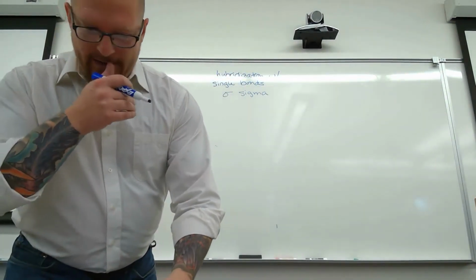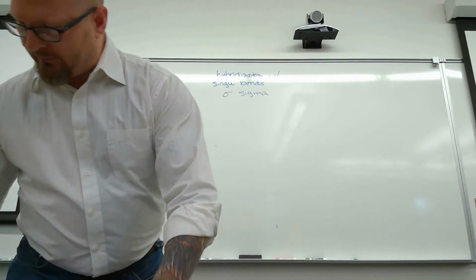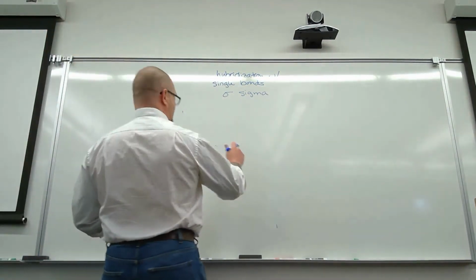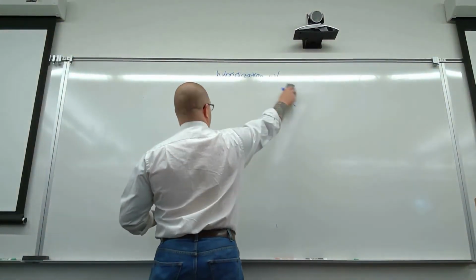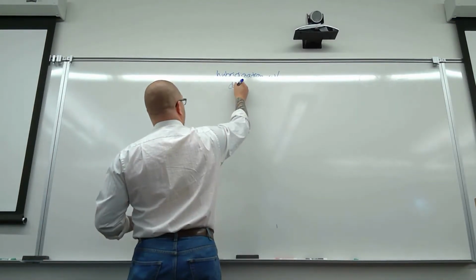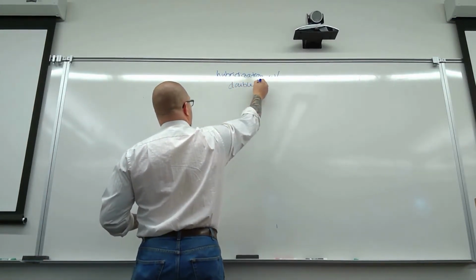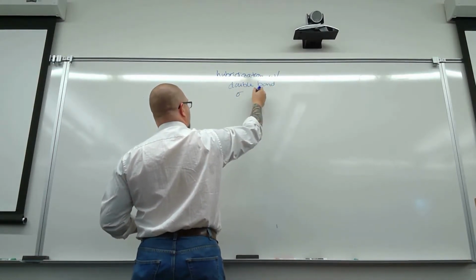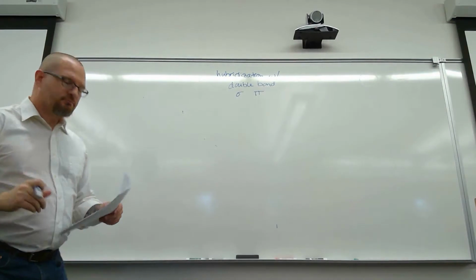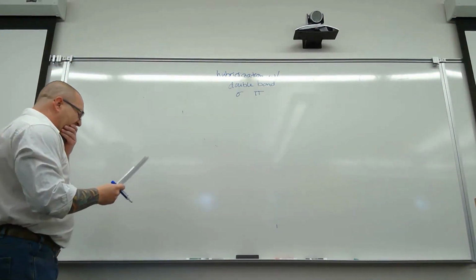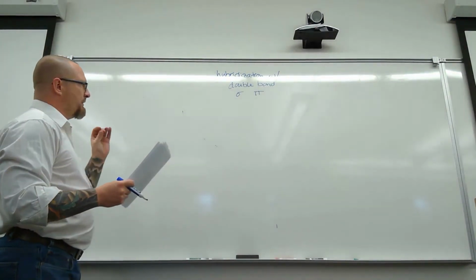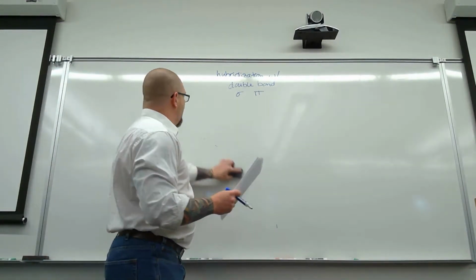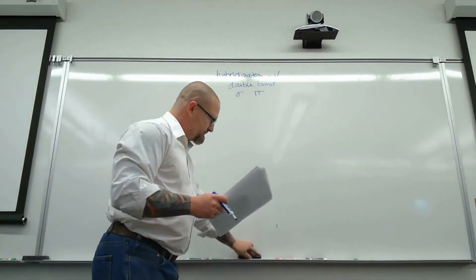But what am I looking at here? Okay, double bonds. So a double bond has two bonds. The first bond is a sigma bond. The second bond is a pi bond. And there's a criteria for this that's really important.